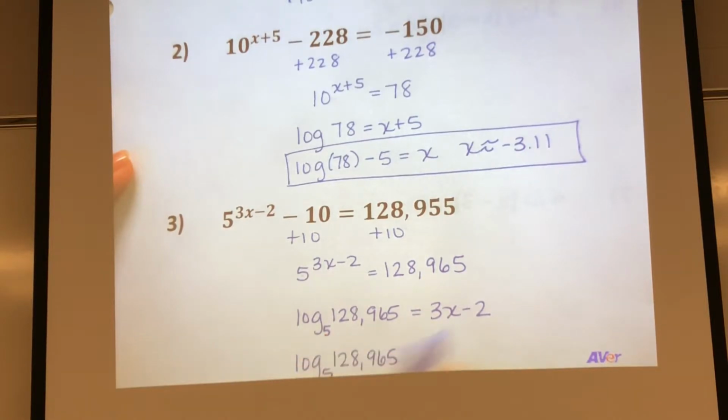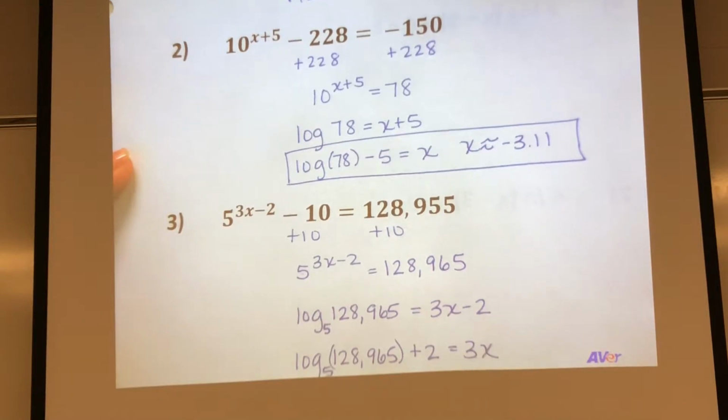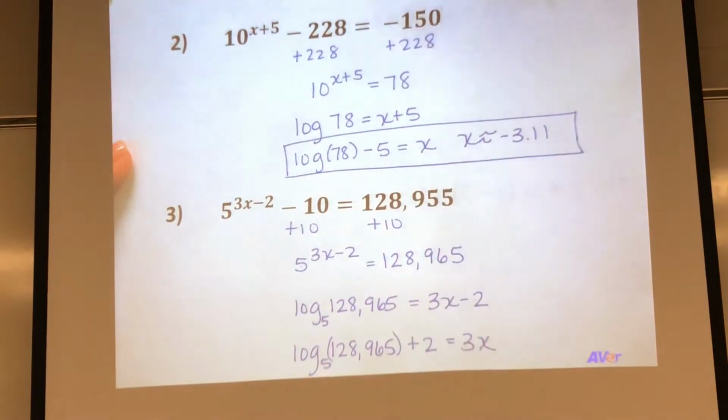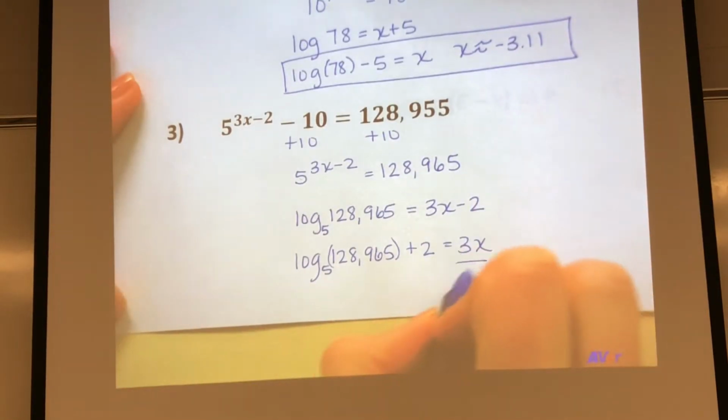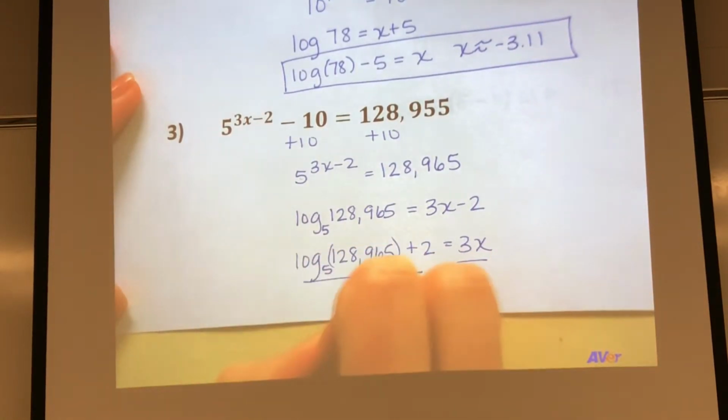Keeping the base of 5, all of this is together. The 2 is on the outside. And then we have to divide by 3. We're going to divide both sides by 3. All of this gets divided by 3.